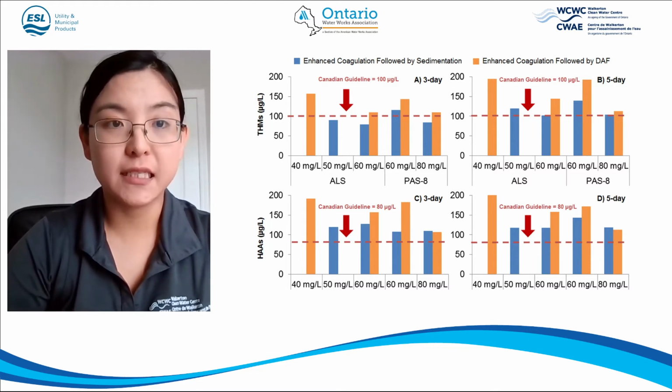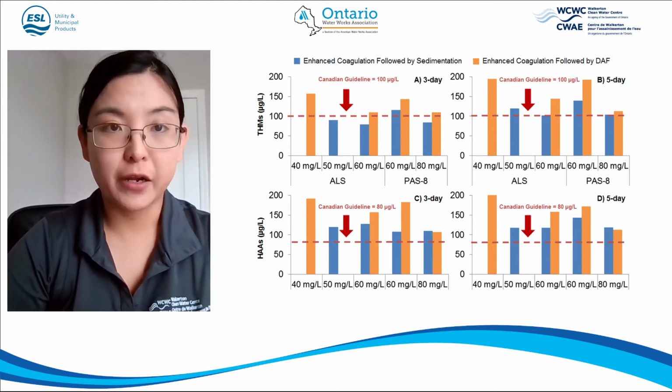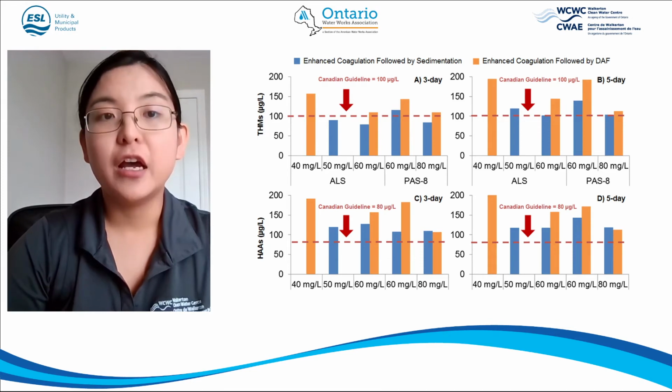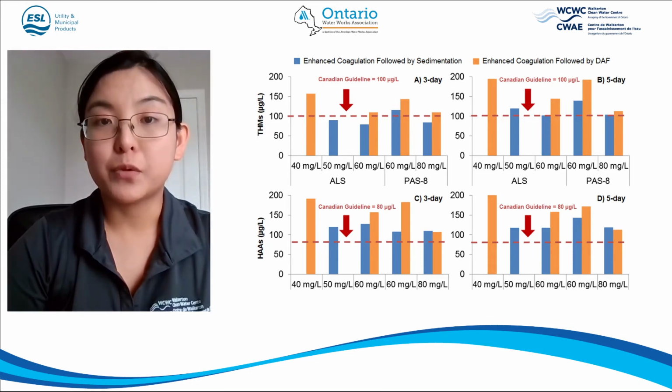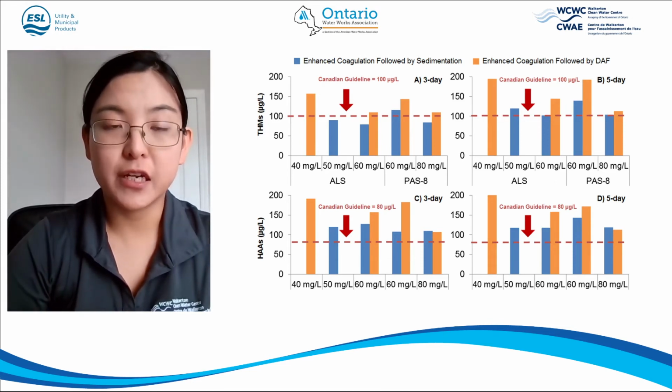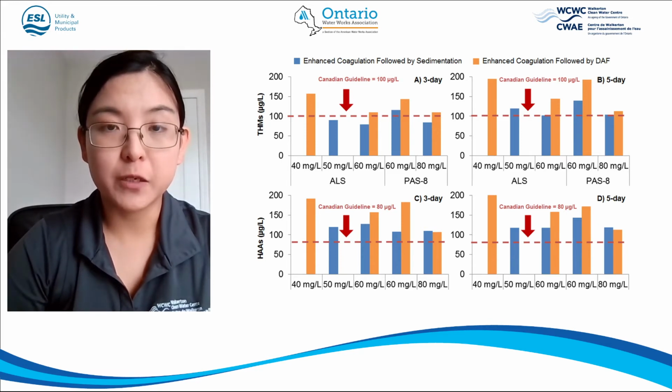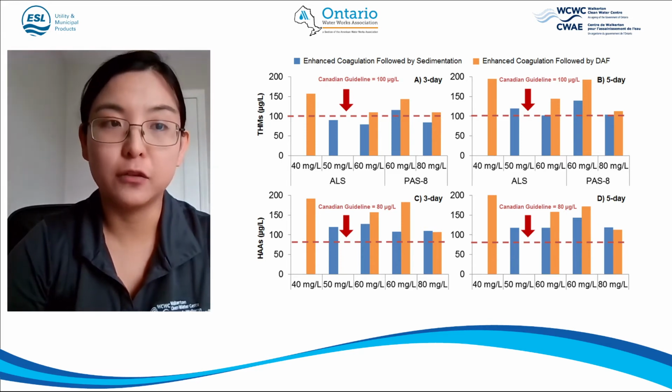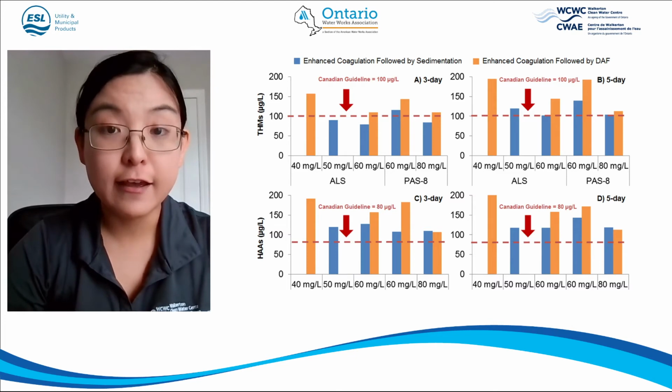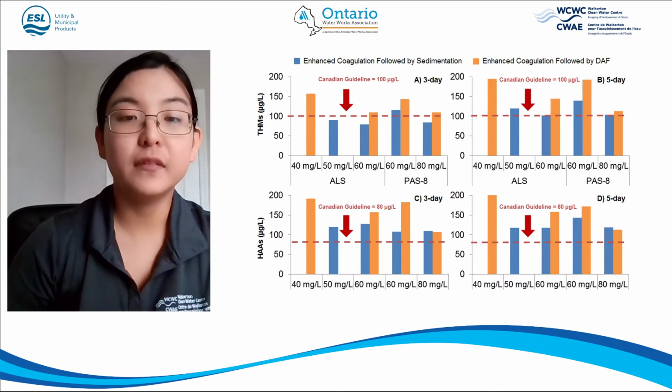So in here, we can tell that if we compare the 2 clarification processes, the conventional sedimentation process performed better, with lower TCHM and HAA values in most of the cases than DAF.